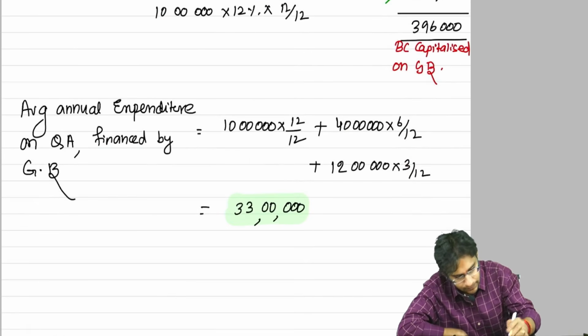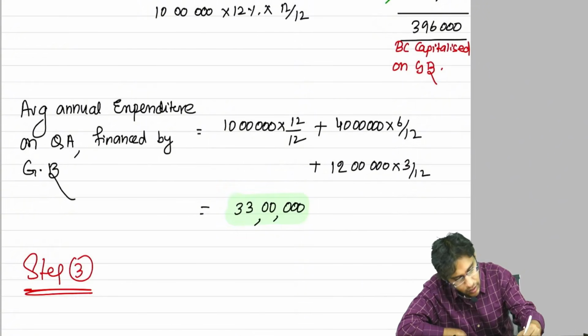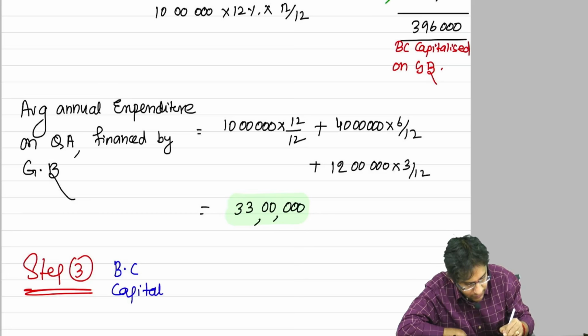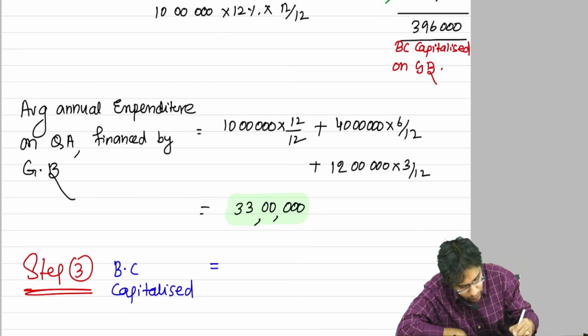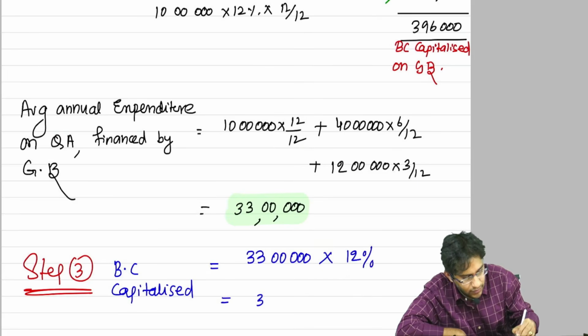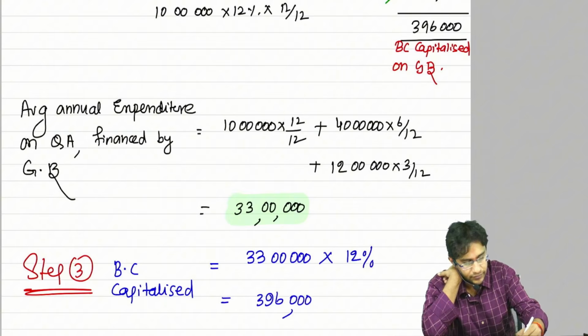Step number 3, the last step. Borrowing cost capitalized is equal to 33 lakhs into step number 1, 12%. Go check the answer. You'll have 3,96,000.